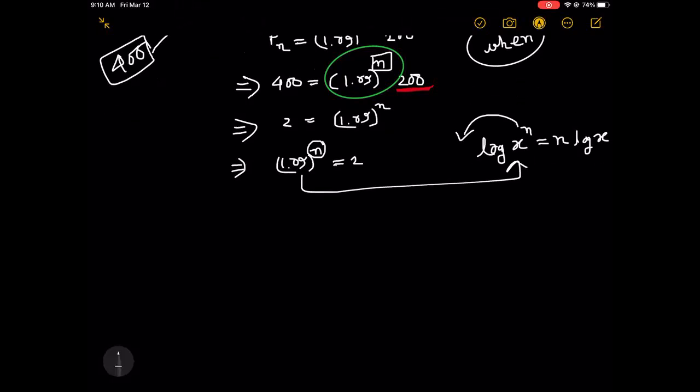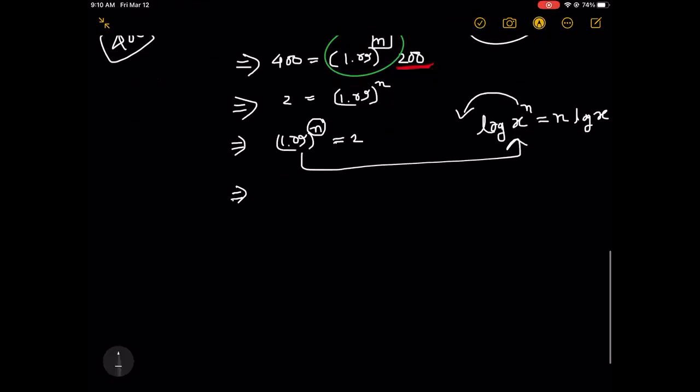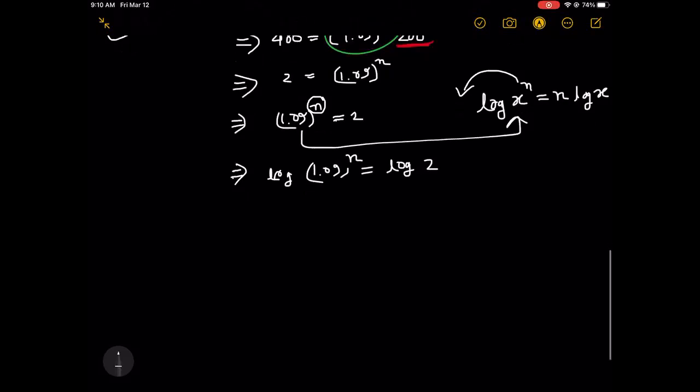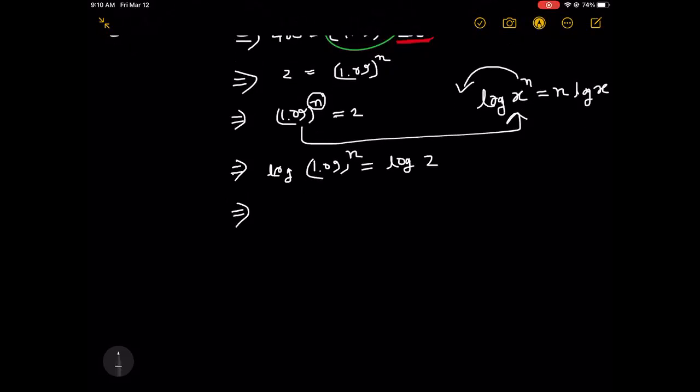So if we take log on both sides, log 1.09 to the n equals log 2. Obviously, whatever we do, we need to do that on both sides. Now, using this very property, we know this n will come in front and we'll have log 1.09.